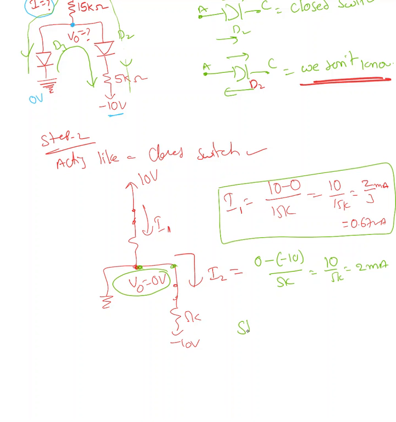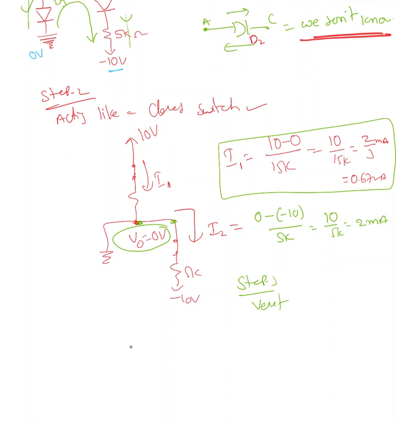Now verify. Step 3, verify. Okay, how do we verify? So if we look at D3, we're assuming this diode is acting like a closed switch. Is there any current passing through the diode? We'll verify that. So if you look at here, at V naught, apply KCL.